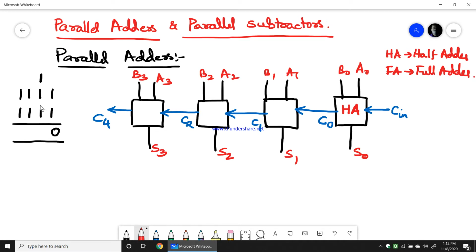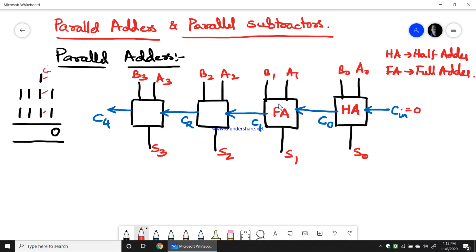Now due to addition of these 2 bits, we got a carry here. Now what happens? You are adding 3 different bits here. See, carry is 1 bit, and the other 2 bits are the inputs. So after adding 3 bits, the next block will behave as a full adder. Anyway, for this half adder, Cin will normally be 0.